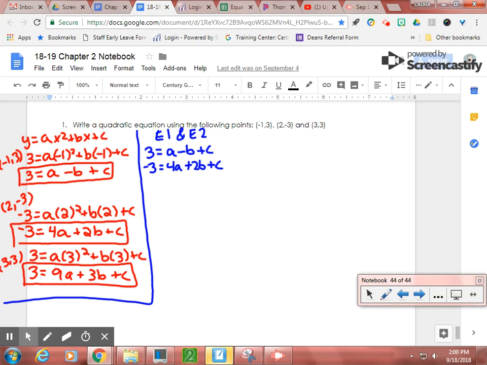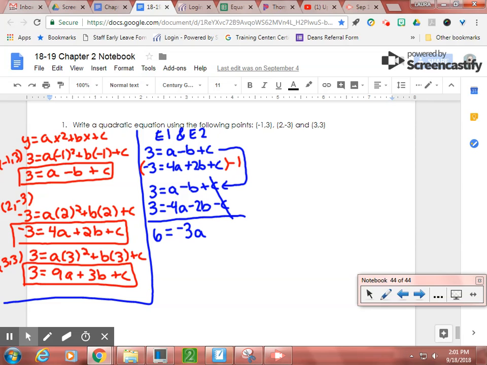So if we're eliminating the c value, what I need to do is I need to multiply this equation by -1. Because then what you have, we still have a minus b plus c, our first one. But then this new one is going to be a positive 3, -4a, -2b, and -c. So now when I put those together, when I combine them, the c's are going to go away, which is our goal. So we have 6 equals -3a minus 3b. So here's our first of our 2 new equations.